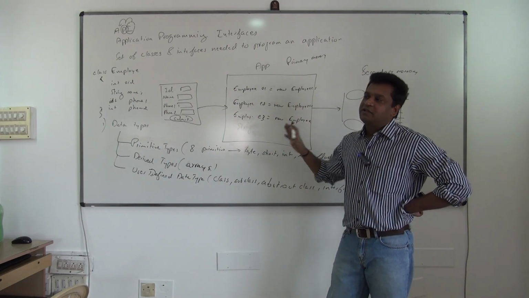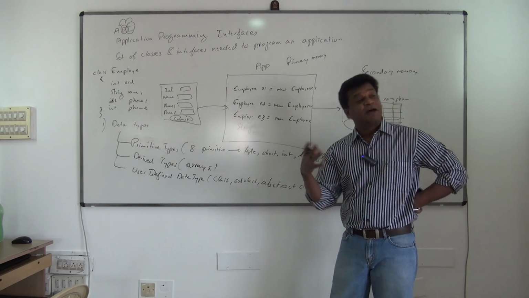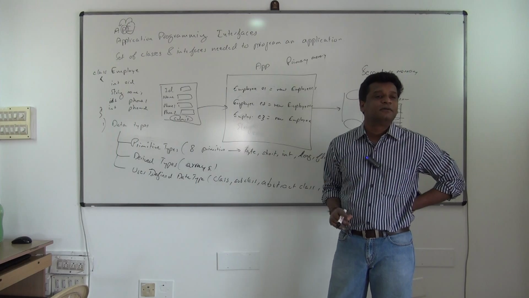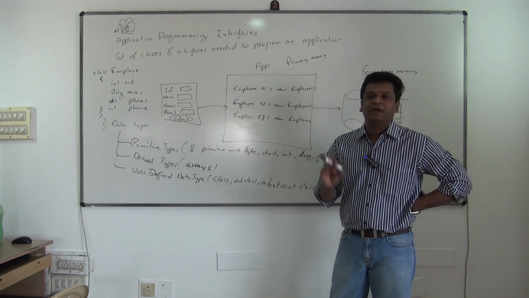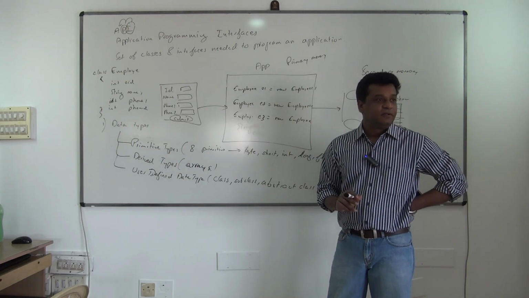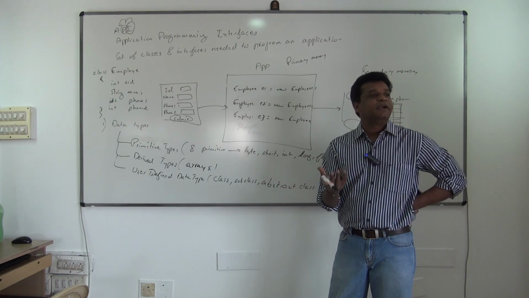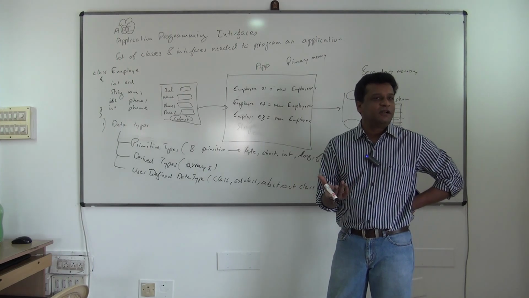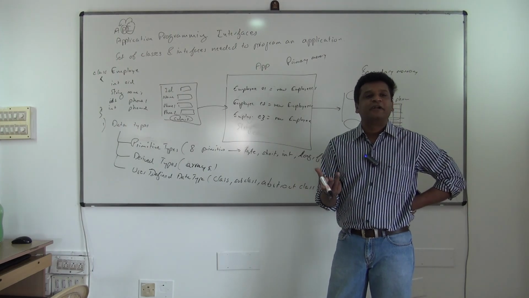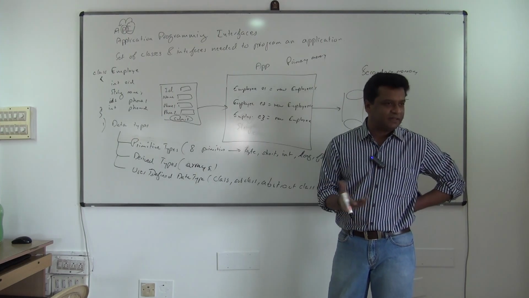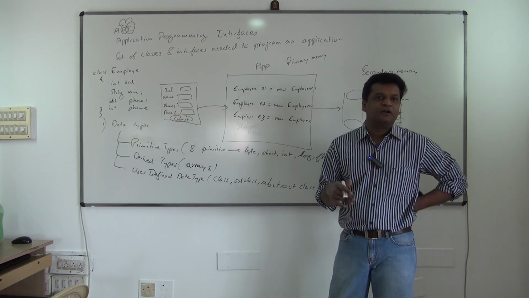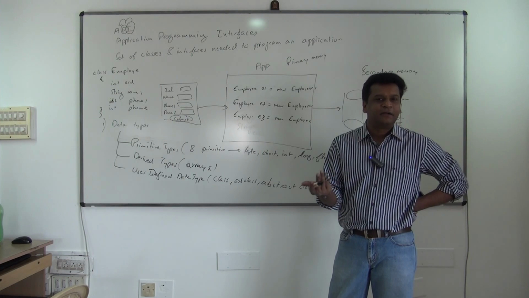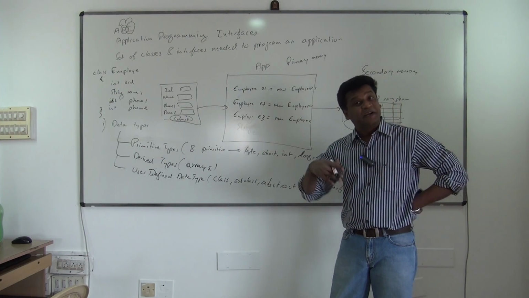Studying data structure is one side. After studying it, you have to study how an array behaves, how a linked list behaves. So a data structure is nothing but a logical way of storing or organizing data in primary memory. That's it.